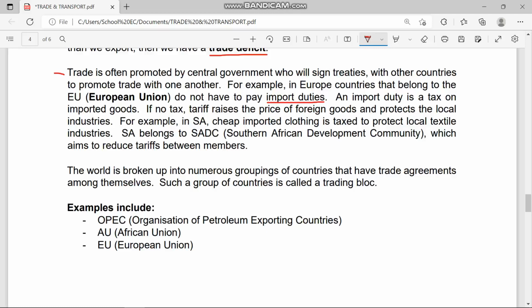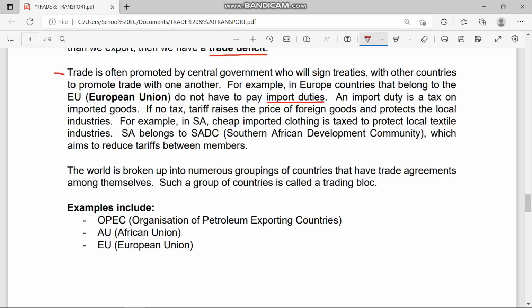This company is going to import clothing to South Africa, which is cheaper. So this is going to threaten the local brands and local industries.